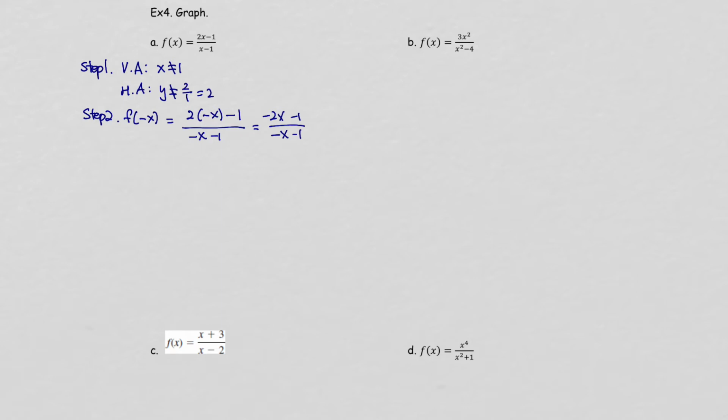This is not the same as f of x. All the signs are different. It's not the opposite either, because it's just that x is negative now. But when you factor out the negative, this sign changes, so that's not going to be negative f of x either. So in this case, we will say no symmetry.